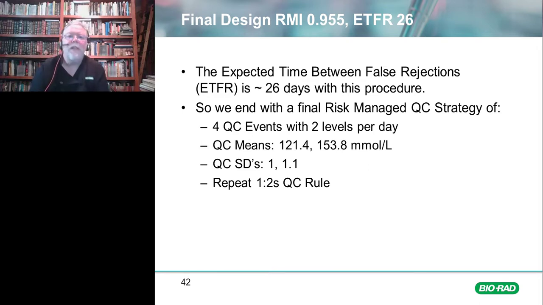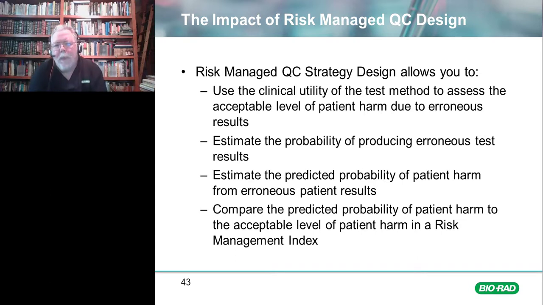So with these examples, this just gives you a couple of examples of how you would use risk managed QC strategy design. The number of patients between QCs, the QC rule itself that I'm using, these are all factors that are going to play into what is the actual risk that I have of producing erroneous results.